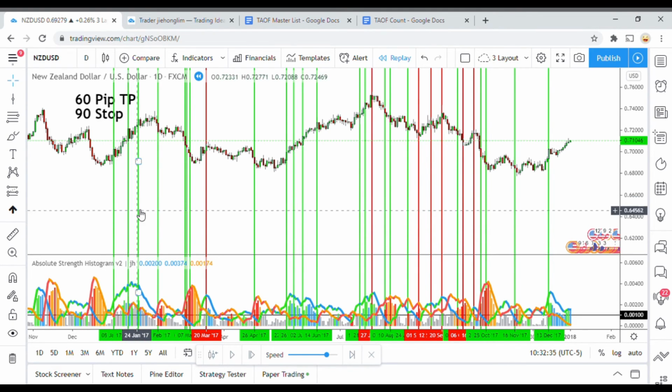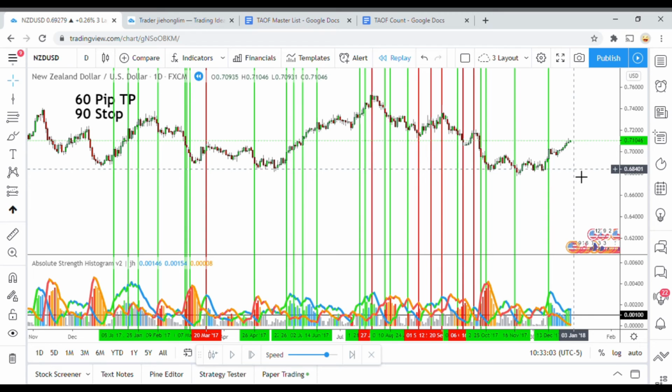Now let's count the remaining trades: 1, 2, 3, 4, 5, 6, 7, 8, 9, 10, 11, 12, 13, 14, 15, 16, 17, 18, 19, 20, 21, 22, 23, 24, 25, 26, 27, 28, and 29. So 29, and we know that we have 22 winners.